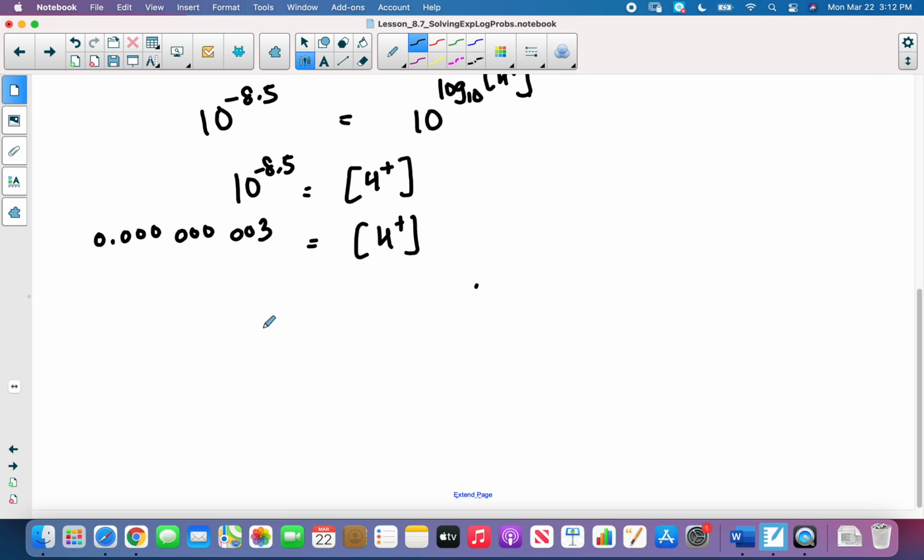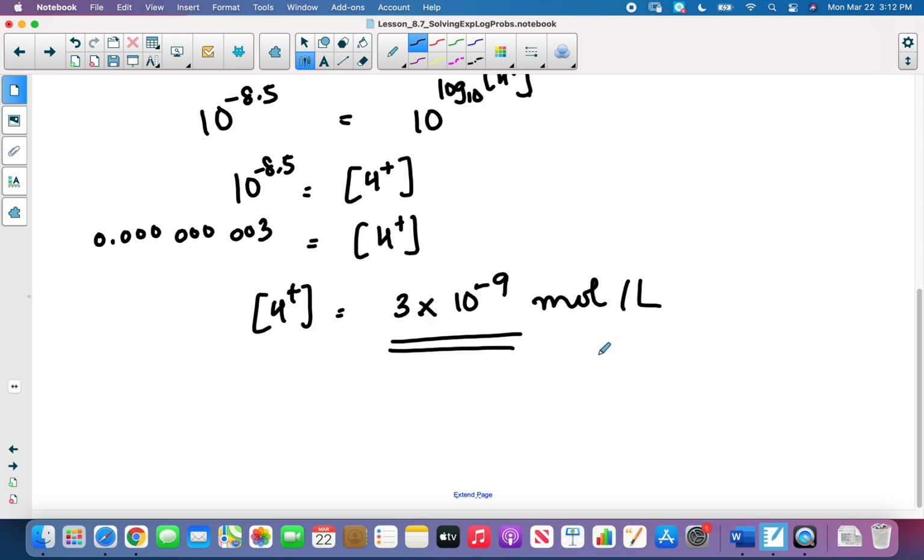Or you can write that in standard form as 3 times 10 to the power of negative 9, right? 1, 2, 3, 4, 5, 6, 7, 8, 9. Yeah, so that much is the concentration of hydrogen ions in seawater.